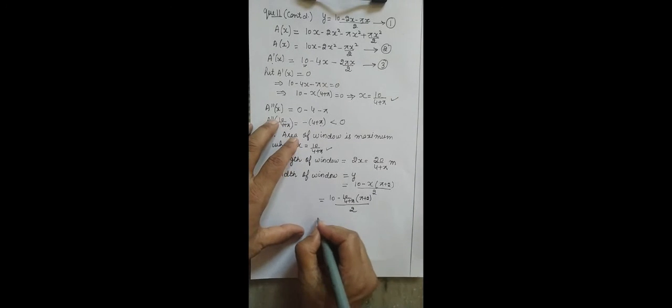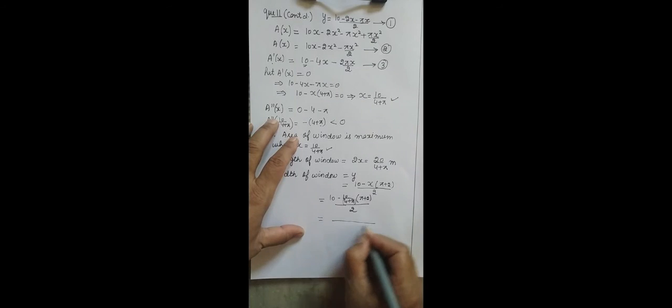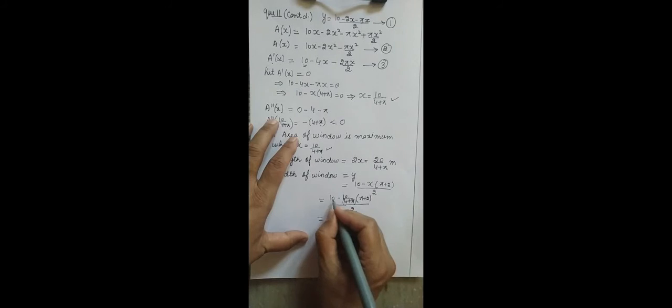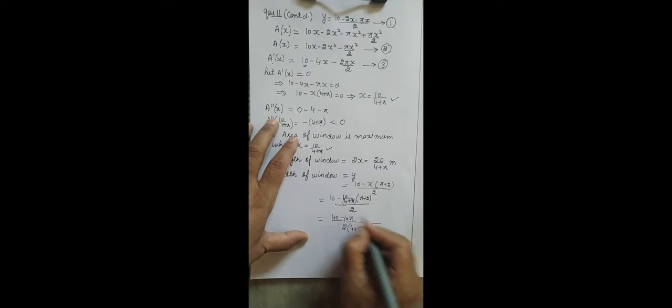Taking LCM, 4 plus pi will be the denominator. It is 40 plus 10 pi minus 10 pi minus 20.